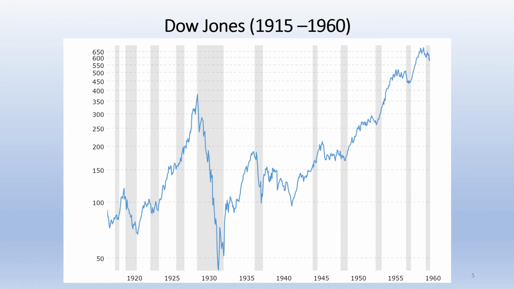However, if we scroll across that line, what you'll see is that had you bought in 1929, it would have taken you until 1954 to get back to your break-even point. 1929, let's say 1930 to 1954, there's almost 25 years.